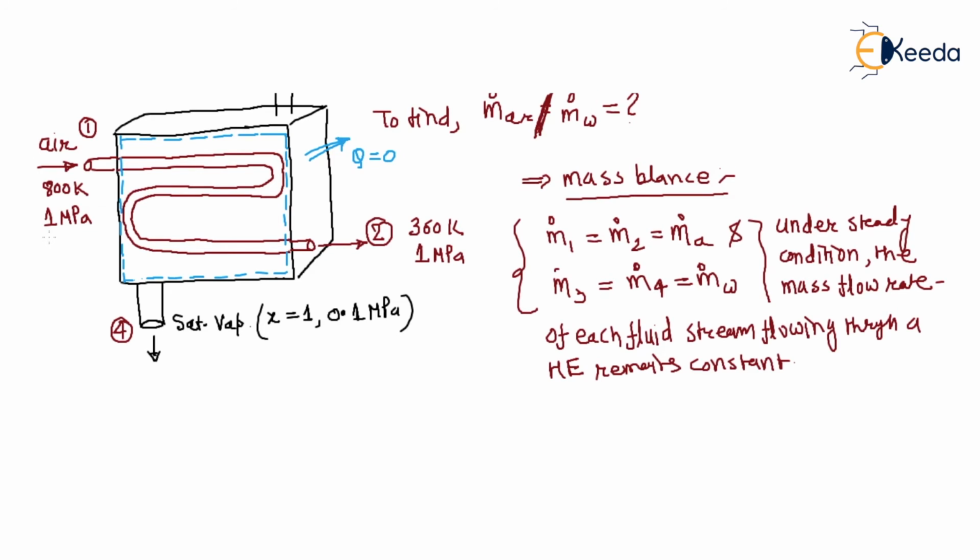So you find the energy balance. There is one value given: either the mass flow rate of water or the mass flow rate of air. So to calculate the heat transfer rate, the data given is insufficient. Why? Because only the ratio of mass flow rate of air to mass flow rate of water is given.